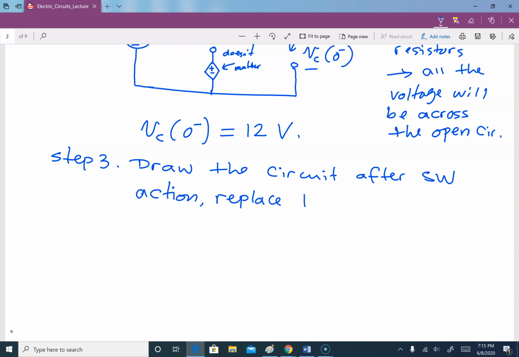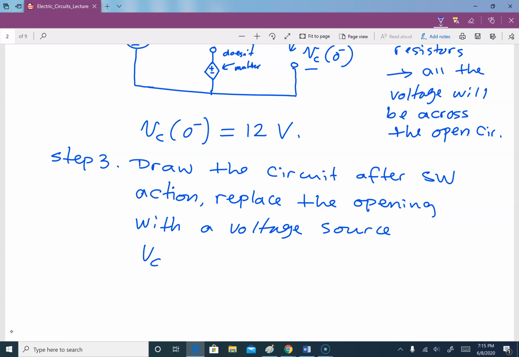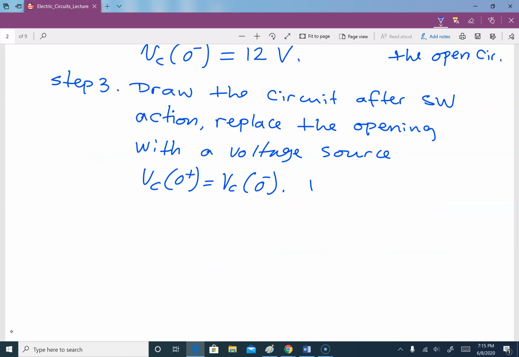Replace the opening with a voltage source, which is VC of 0 plus is equal to VC of 0 minus, and then find V of 0 plus.